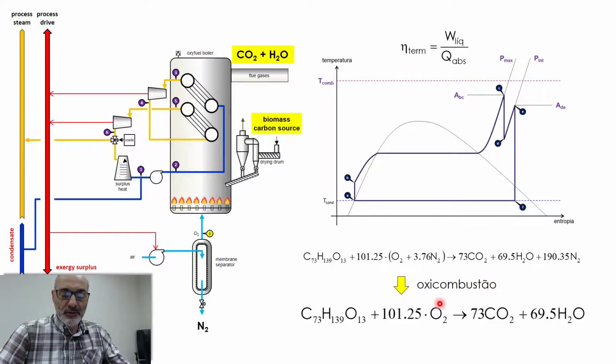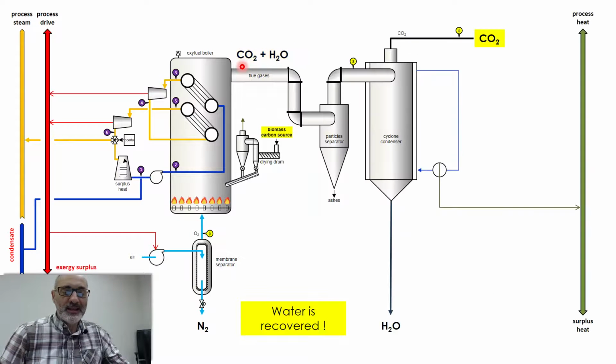When you do this with pure oxygen, you don't have nitrogen. Well, so we're going to have to get rid of the water. We want to recycle water in the process, and we also need to compress CO2 in order to transform it to supercritical CO2. Well, the next step then is, you can remove solid particles, ashes, and so on.